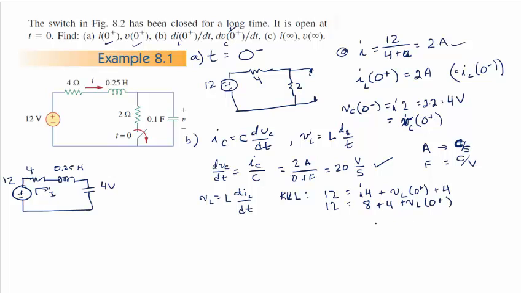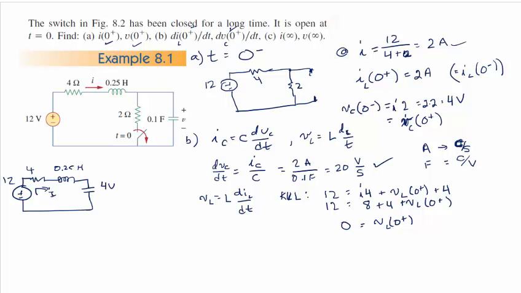And so we get the voltage in the inductor at time 0 plus equals 0. Gee, is that right? Yes, it is right. Okay, we found that one.